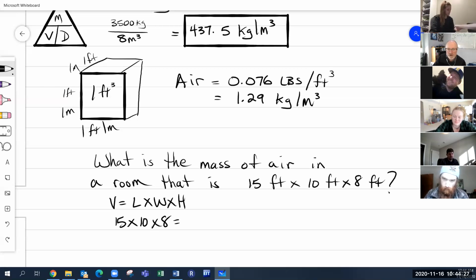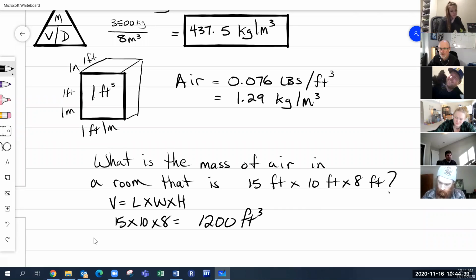Did everybody get 1,200 cubic feet? Hopefully. So there is the volume of that room.